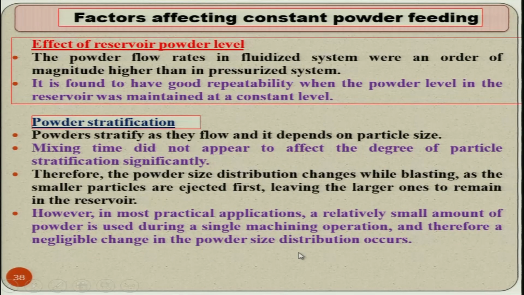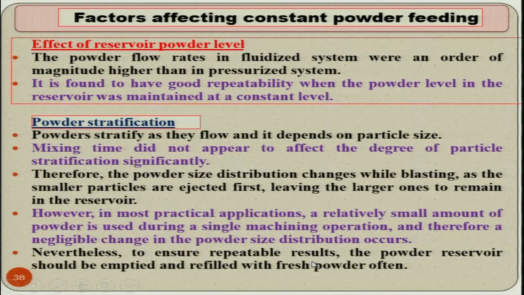So, you can say that the change in the powder size distribution is small, but still many times you have very accurate work to be done. In that particular case, you should have as small variation in the particle size distribution as possible, so that you get the proper accuracy.